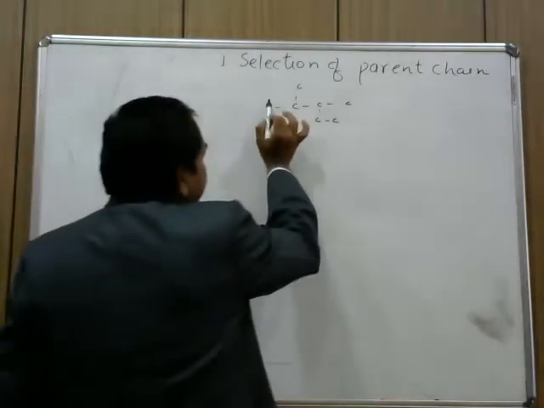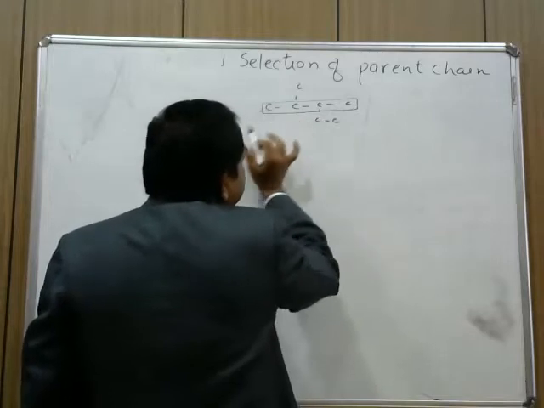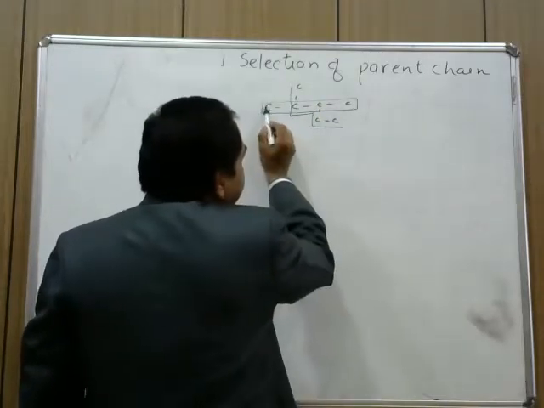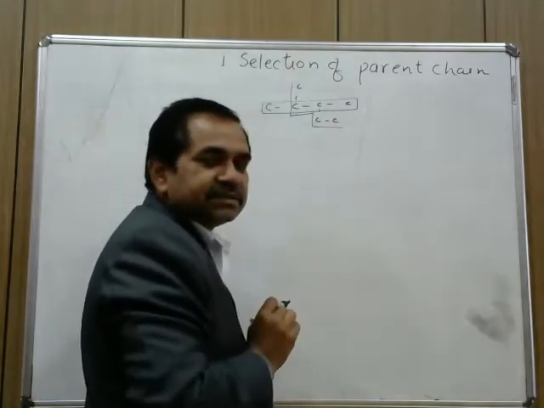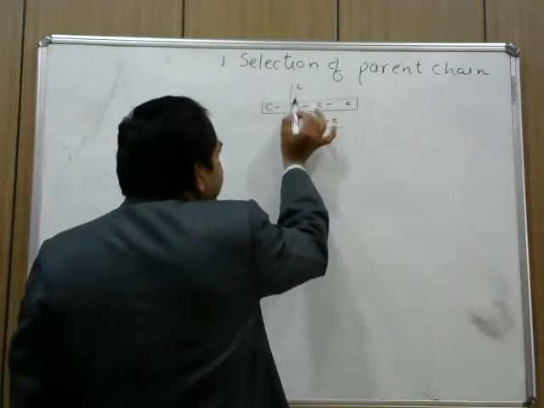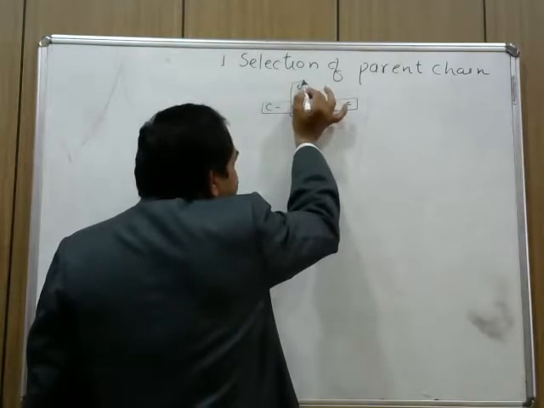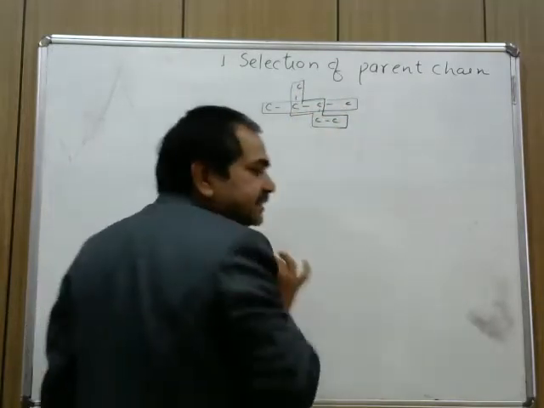So herein we have one chain and we have another chain. In this chain there are only 1, 2, 3, 4 carbon atoms. And in this chain 1, 2, 3, 4, 5 carbon atoms. So this chain having 5 carbon atoms is selected as parent chain.